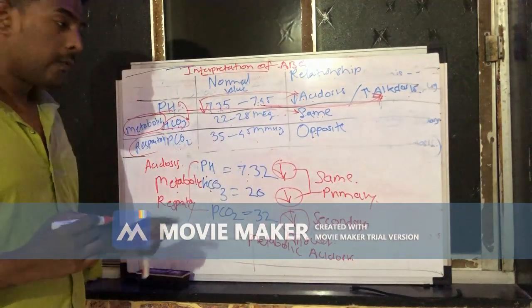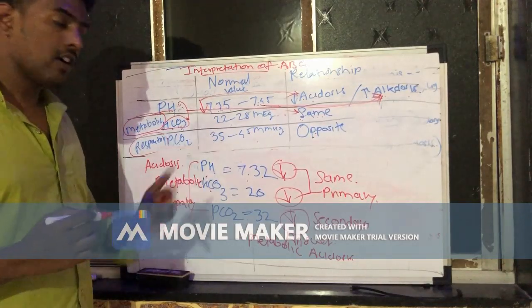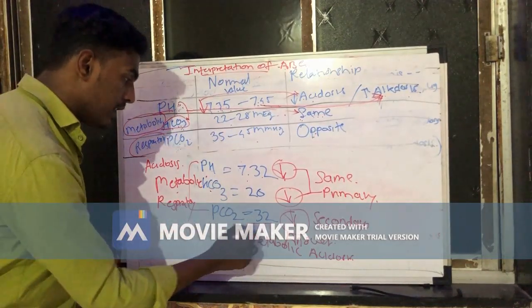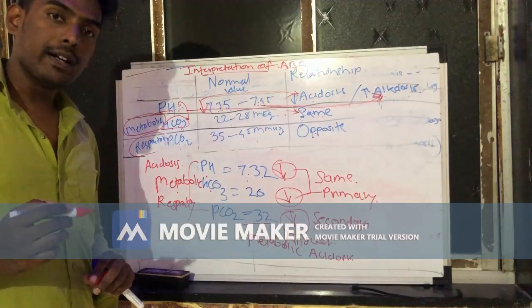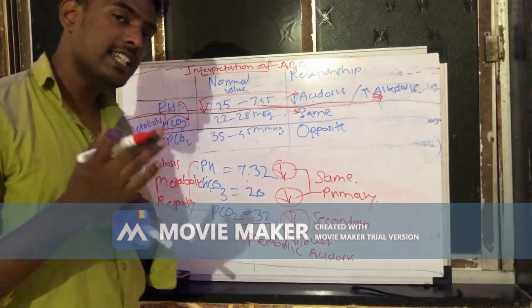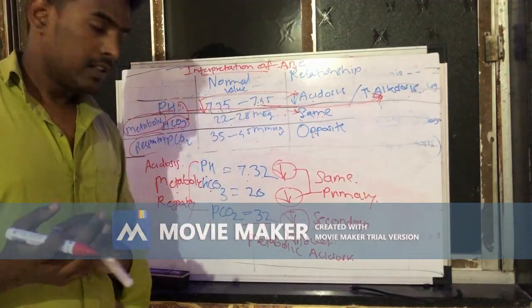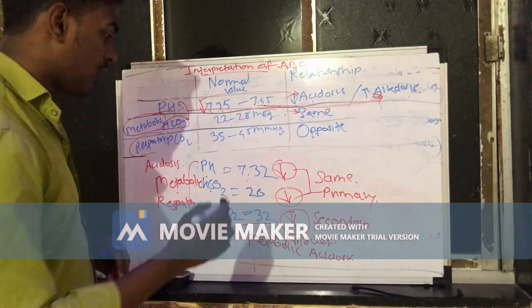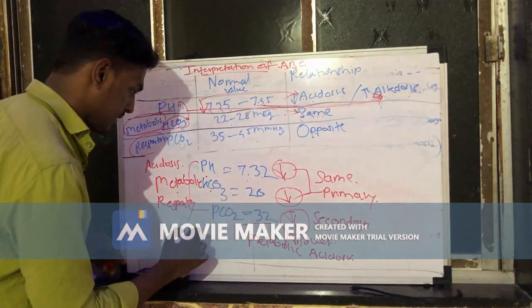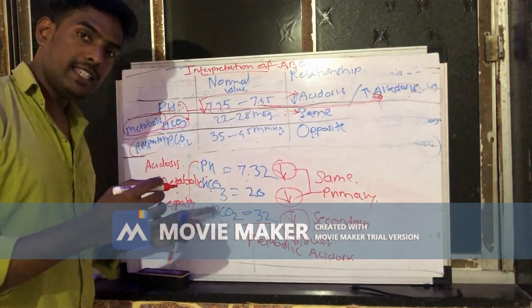But whether it is compensated or not, the other part, the other member, that is the secondary member, changes its place. So what we call compensated.